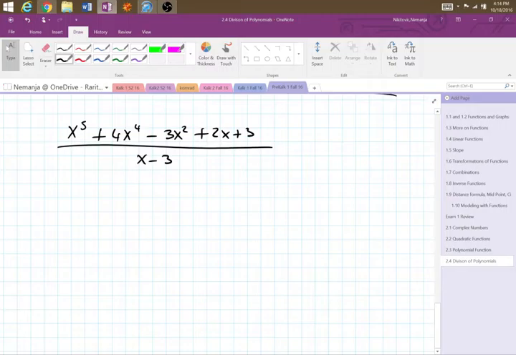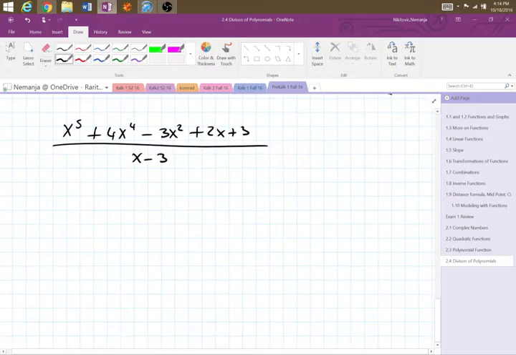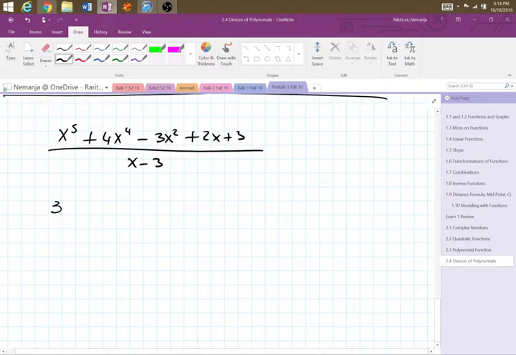And then you execute the pattern. x minus 3 equals 0, x is equal to positive 3. 3 is the root.